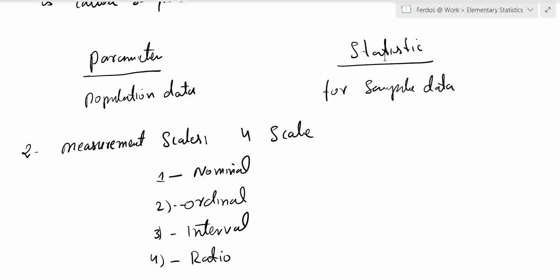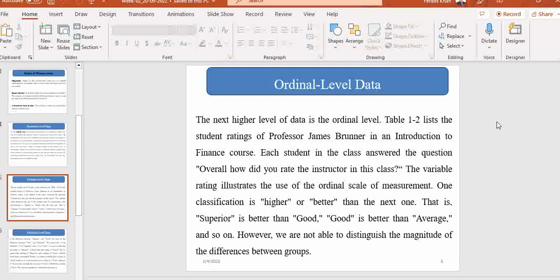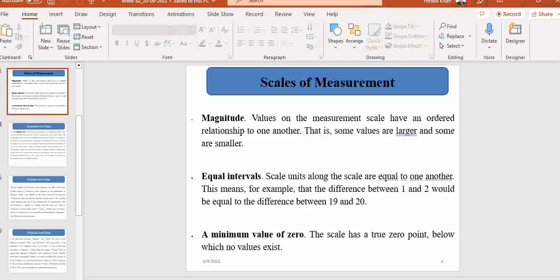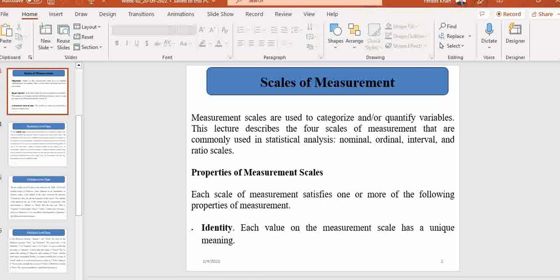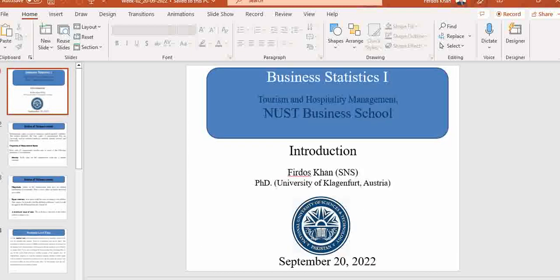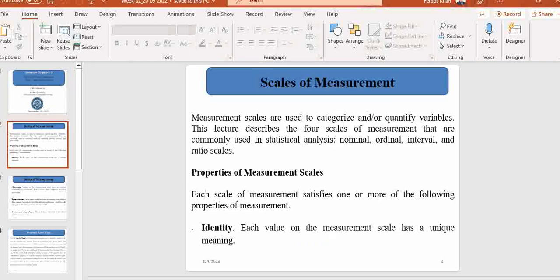Now let's define this from my slides, because I don't want to write such things in detail. So let's see how these things are. There are some properties of these scales.